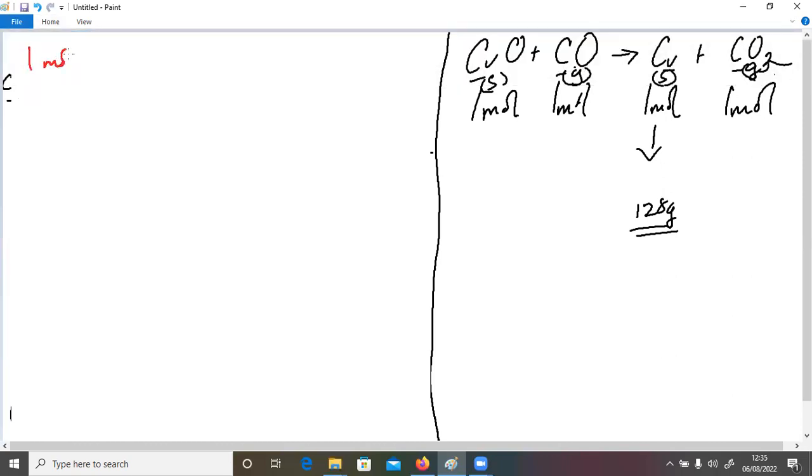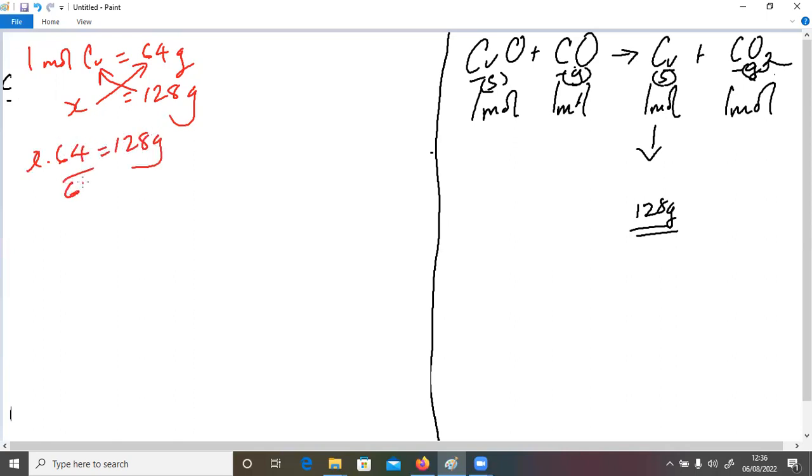I know that 1 mole of copper is equal to 64 grams. So what about 128 grams, which is equal to X? I find that X times 64 is equal to 128 grams, so X equals 128 divided by 64, and this gives me 2 moles. So I'm dealing with 2 moles of copper.